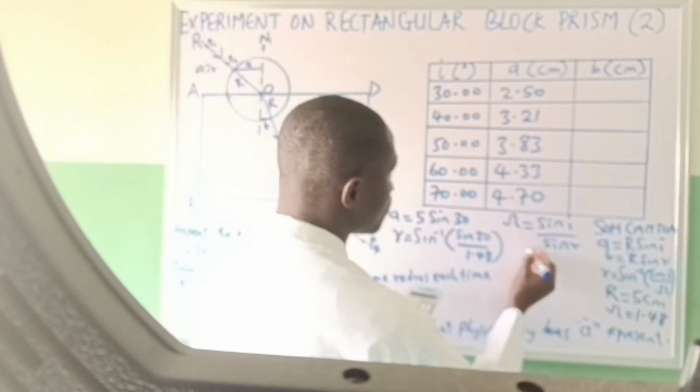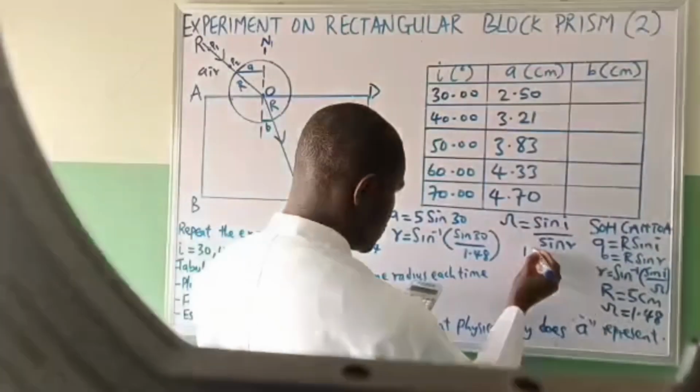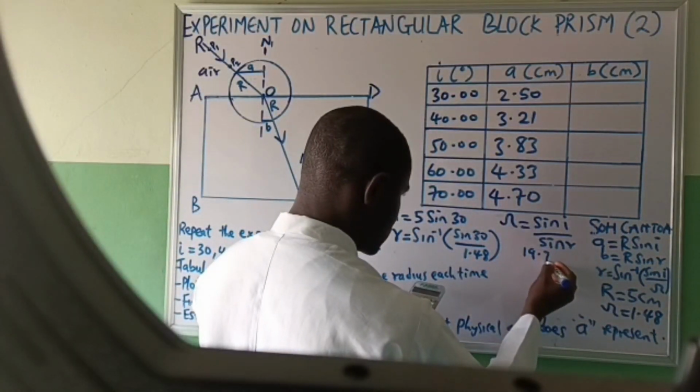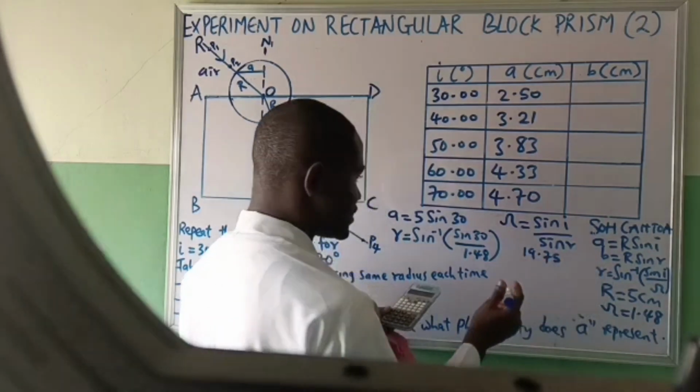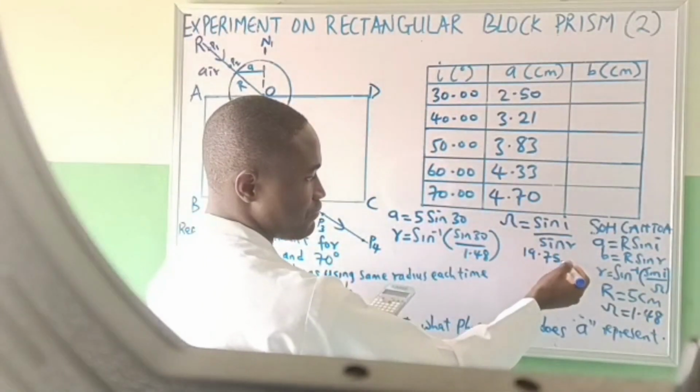The first one to be 19.75. This is for 30, the first one.